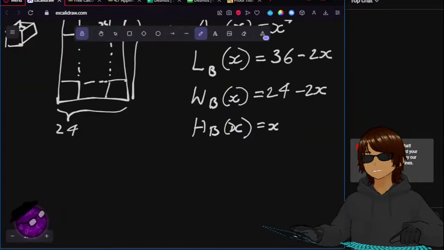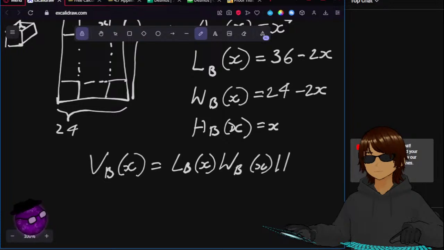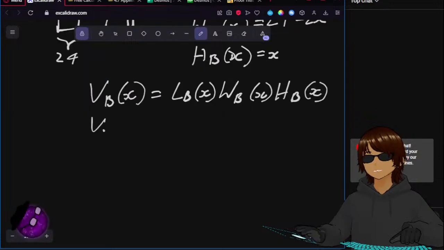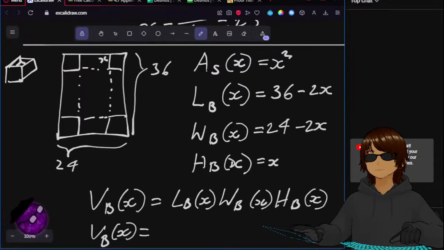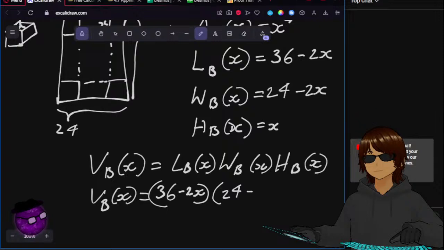So then the volume of the box would be the 3 multiplied together, length with width with height. Volume of the box is (36 minus 2x) times (24 minus 2x) times x.